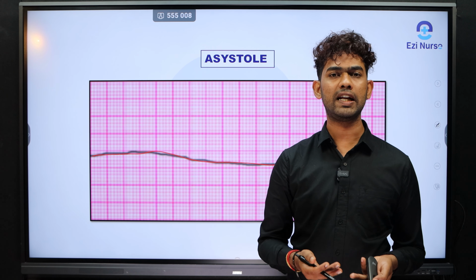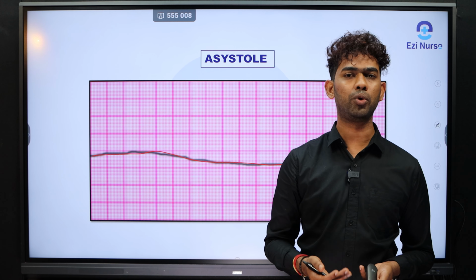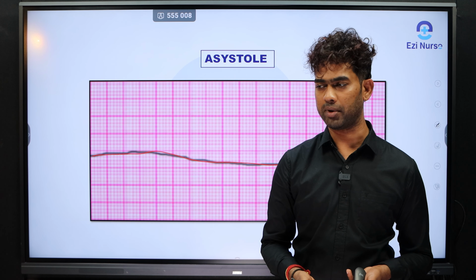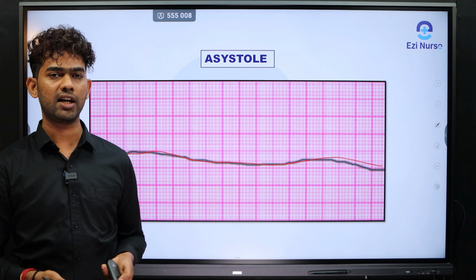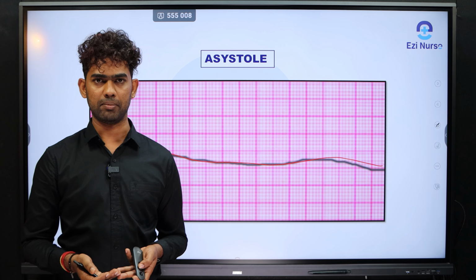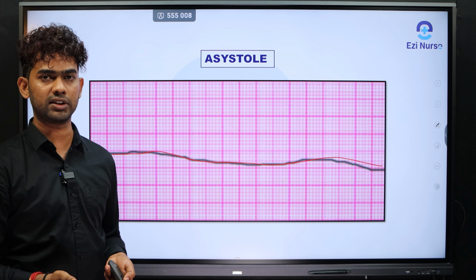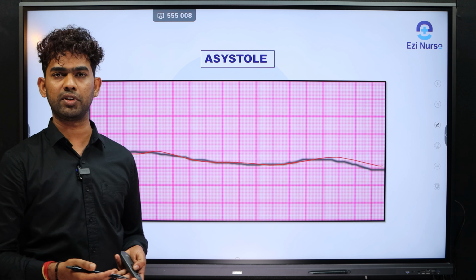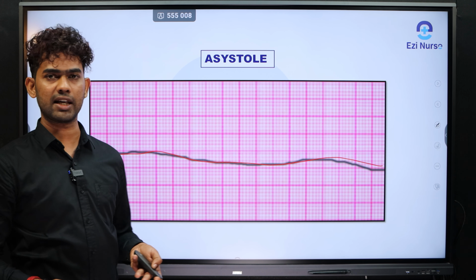Okay, if the connection is proper, then you should start CPR, chest compression. Sometimes we may get this ECG if there is a disconnection problem. Okay, there will be a chance. When you get this ECG, the first important thing is to check the connection between the patient and the monitor, then the electricity connection. That is about asystole.